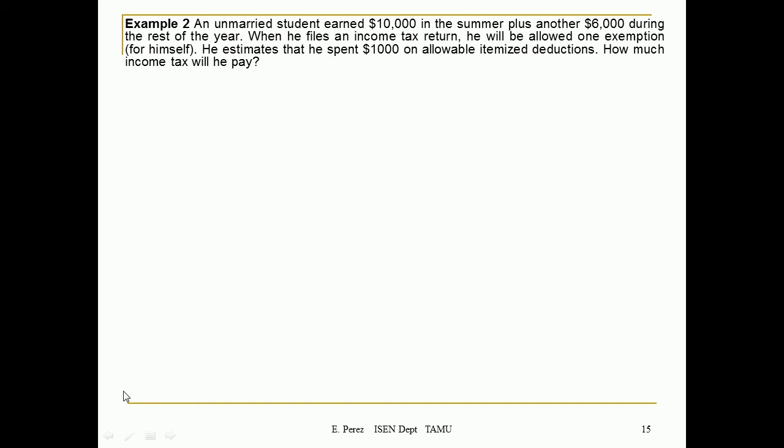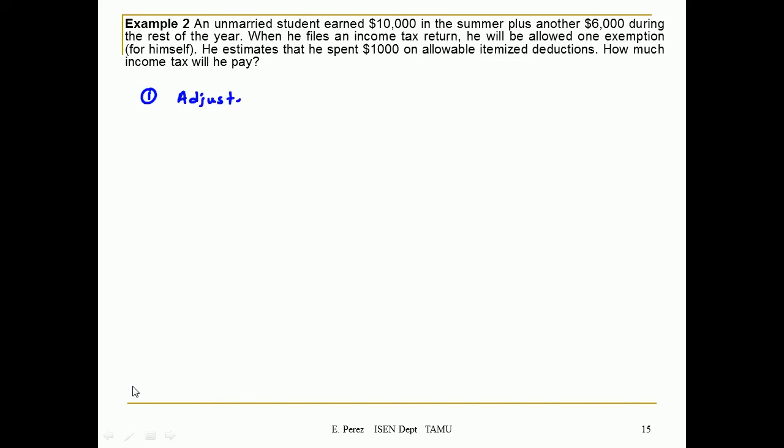He estimates that he spent $1,000 on allowable itemized deductions, and the question is, how much income tax will he pay? As we explained in class, in order to get the amount of taxes you need to pay, you have to compute several things. The first thing you need is to get the adjusted gross income. So, let's find that.